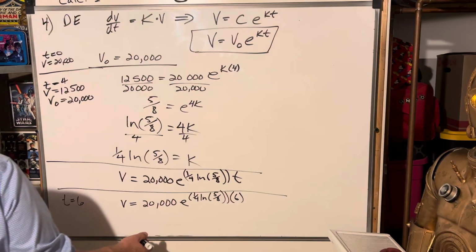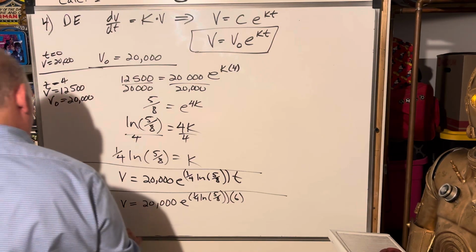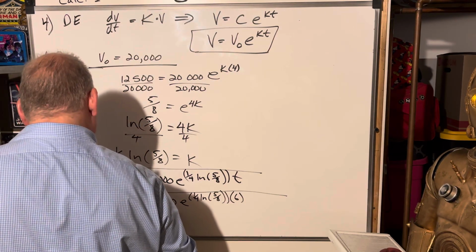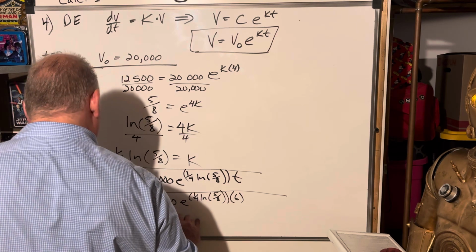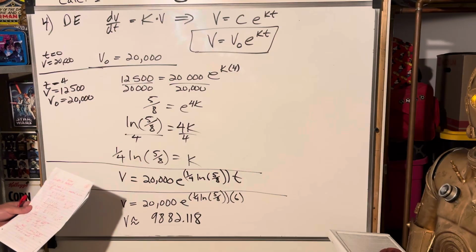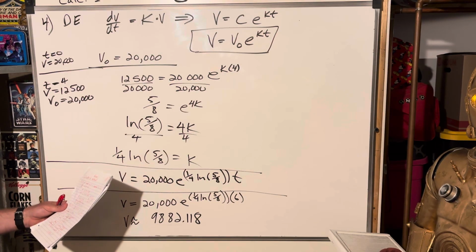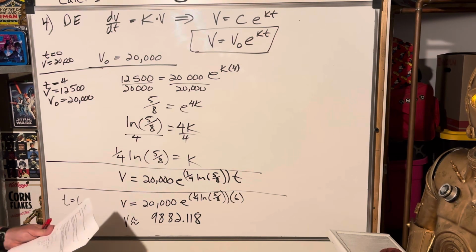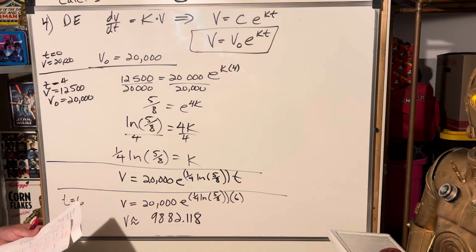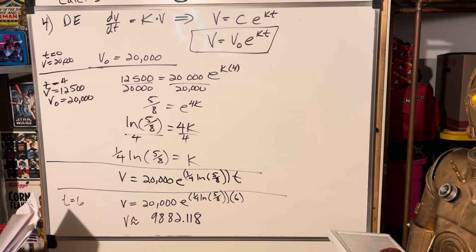Now, if you do have a calculator, that's approximately 9,882.118. I don't think they gave us context in the problem, so units or what have you. All right, on to number 5.